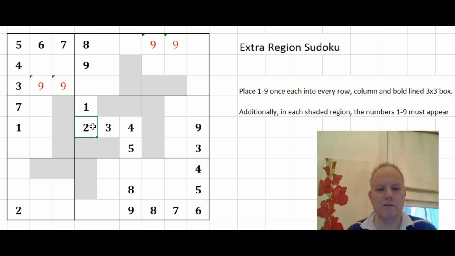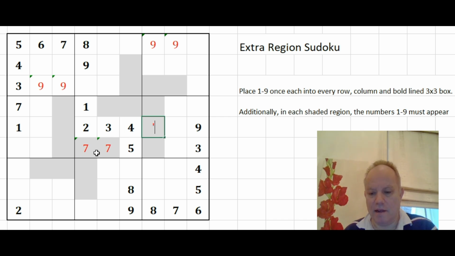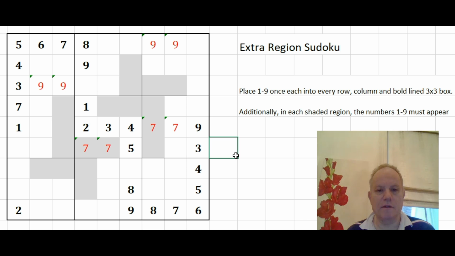Okay, again, in the central box, we have 5 cells filled in and a 7 there. So that puts a 7 in one of these 2 places, and then 7 in the right-hand box must be in one of those 2 cells. What else can we do? A 1 must similarly be in one of these 2 cells because of the 2 1s that already appear in the boxes across the middle.